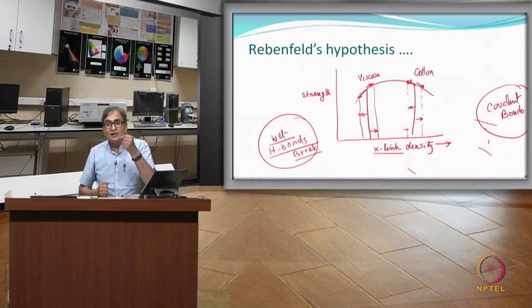When you subject it to tensile load, some molecules may have to bear or share more load than the others. If they have approximately similar strength, the ones which bear more load will break first, and once they break, obviously the whole chain starts to fail. So, this is the reason why cross-linking itself, in some cases, can reduce the strength.